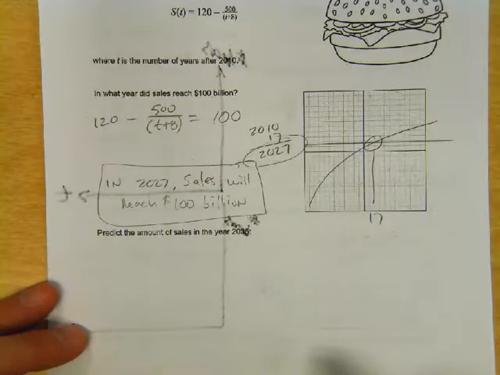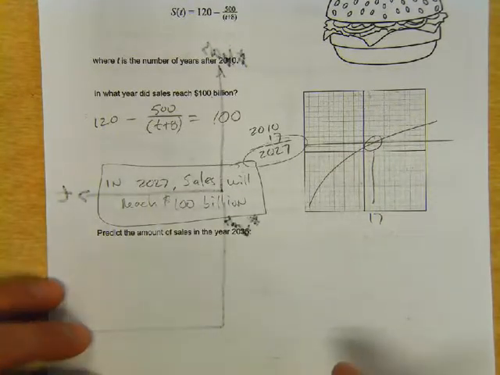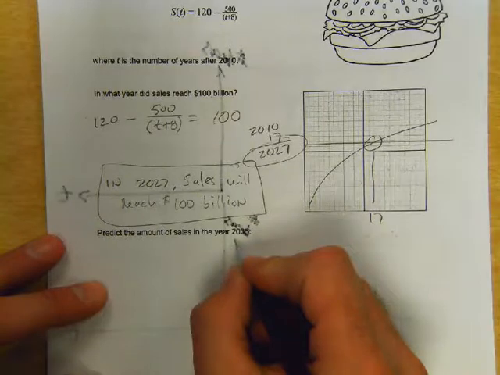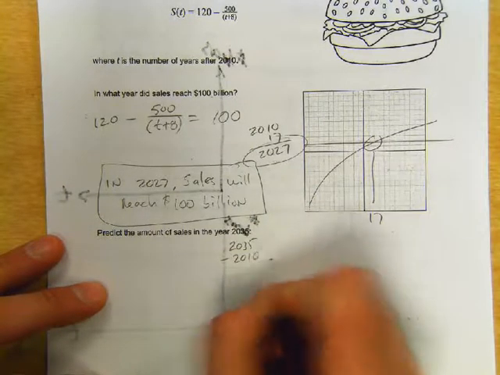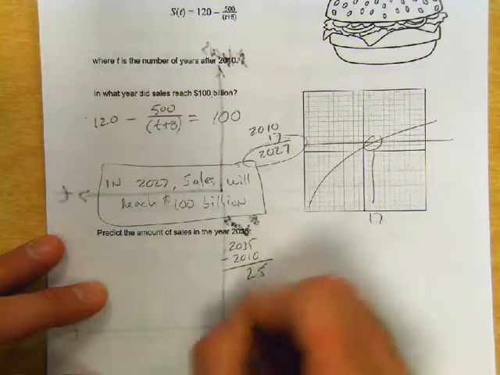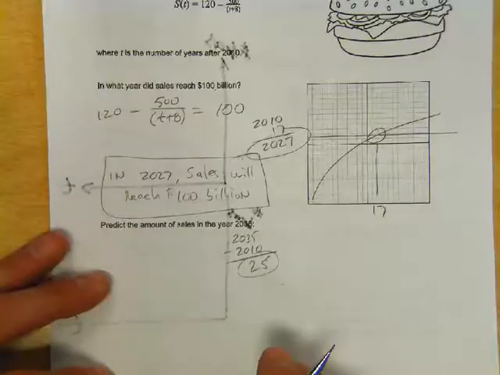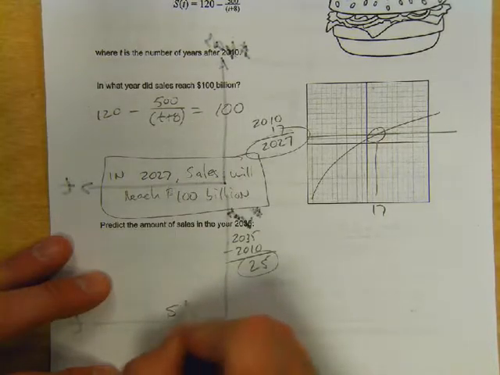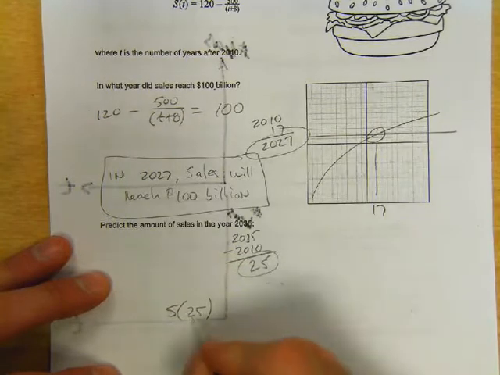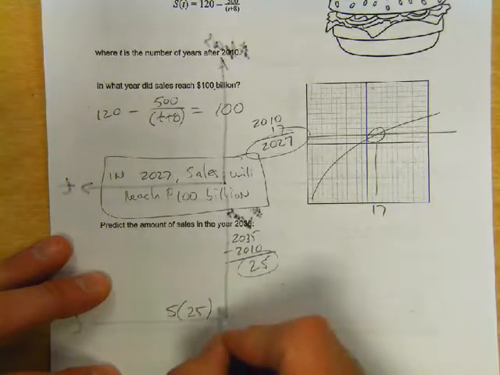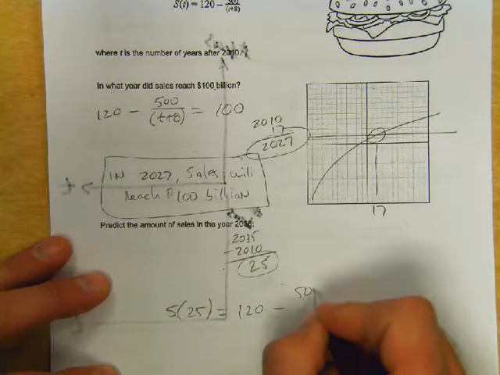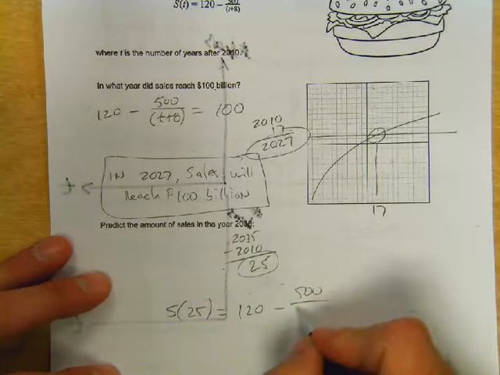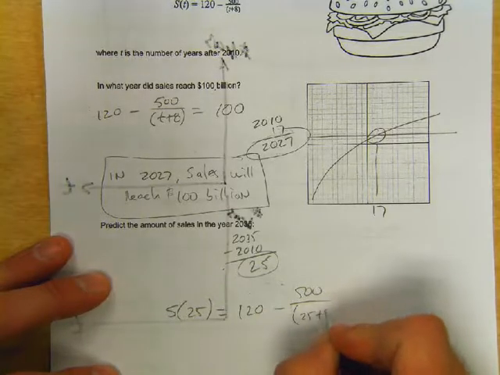And then the last one says predict the amount of sales in the year 2035. Well, 2035 minus 2010 is 25 years, so we need to plug that into our equation. So the sales 25 years after 2010 is 120 minus 500 over (25 plus 8).